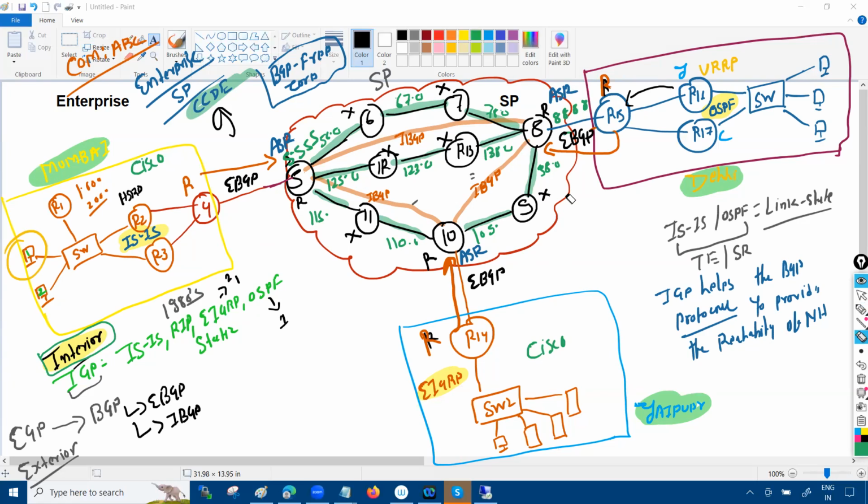So both the BGP protocol and the IGP protocol are required in the service provider. Can you see that we are running EBGP between the customer and service provider, and between the PE routers we are running IBGP just to exchange the routes, so that R6, R7, R12, R13, R11, R9 do not need to maintain the customer routes.